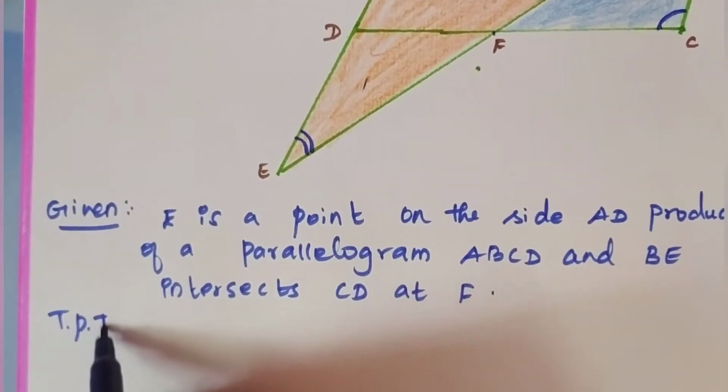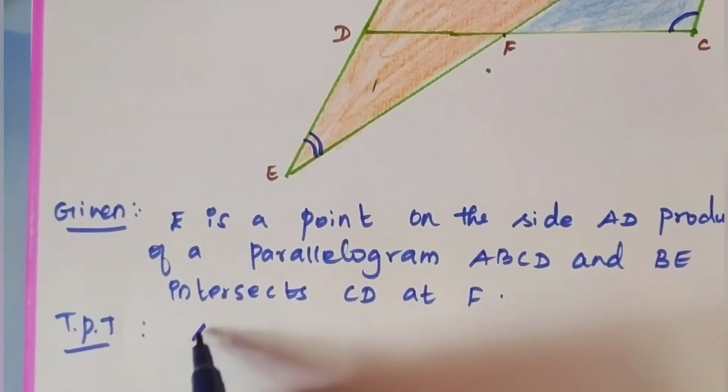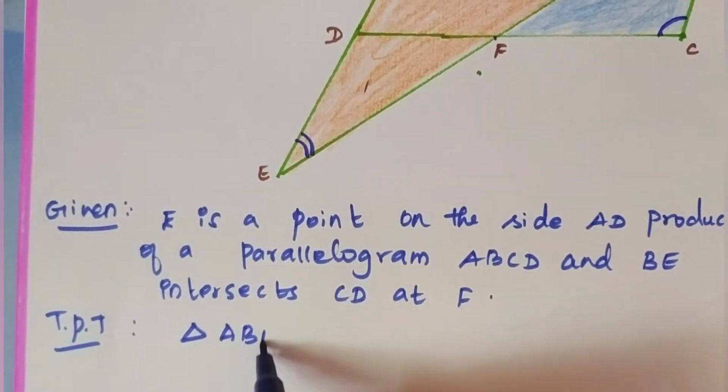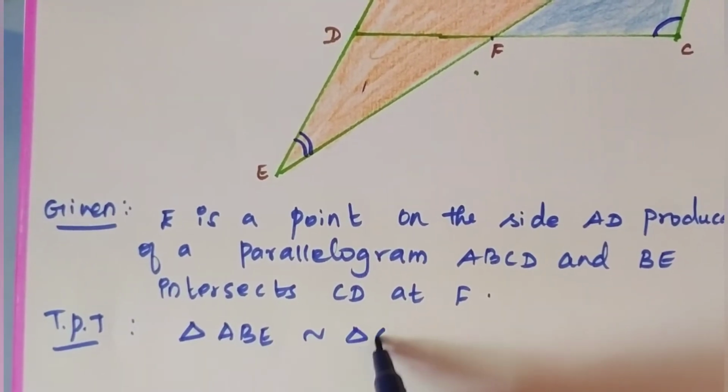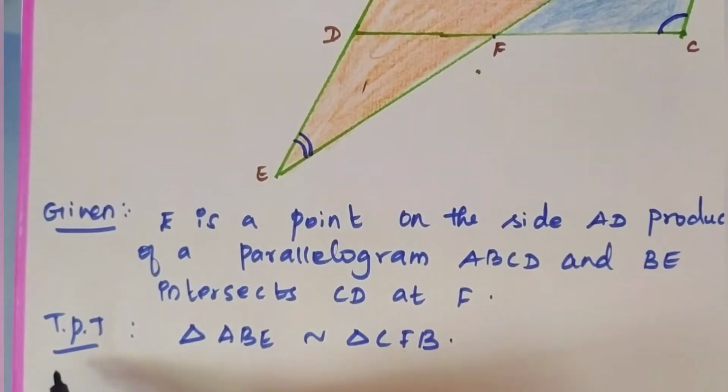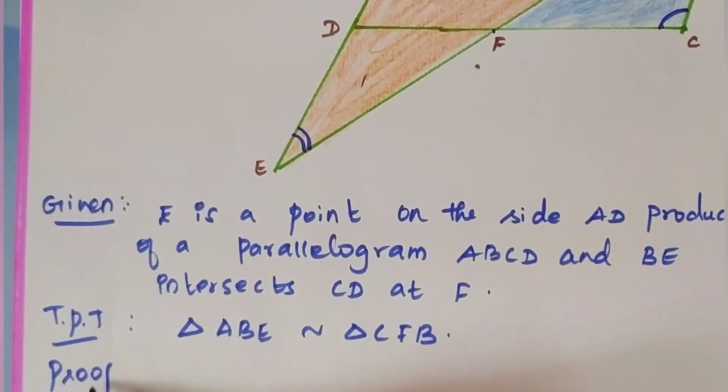And what we have to prove: triangle ABE is similar to the triangle CFB.